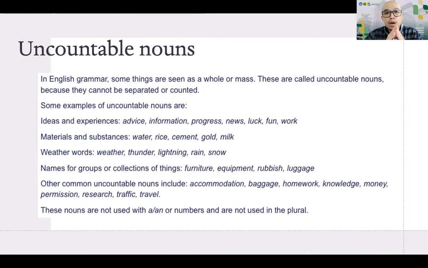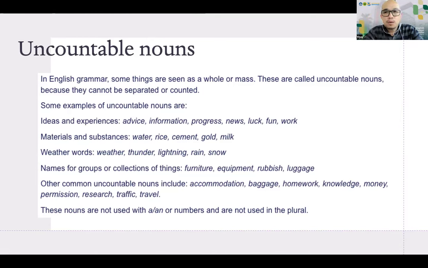They cannot be treated as separate; they are only treated as a whole or a mass. That's why they are uncountable. Other examples are water, rice, cement, gold, milk. We cannot count them.